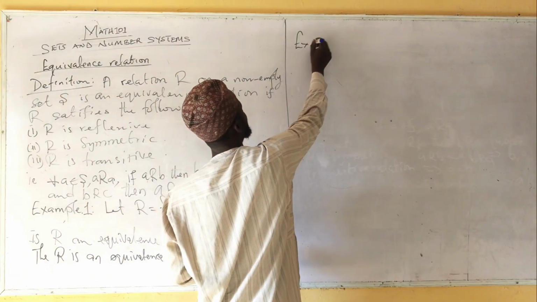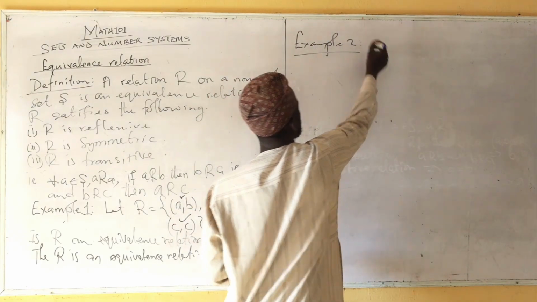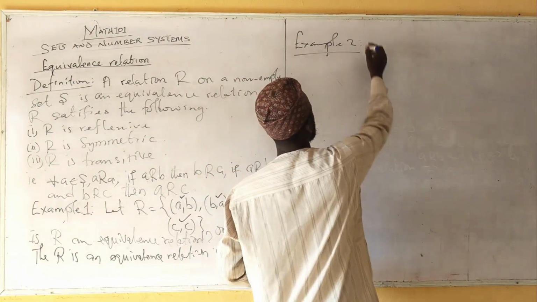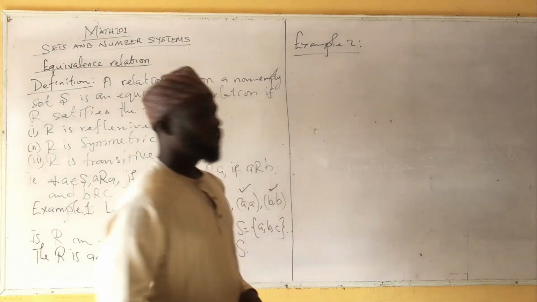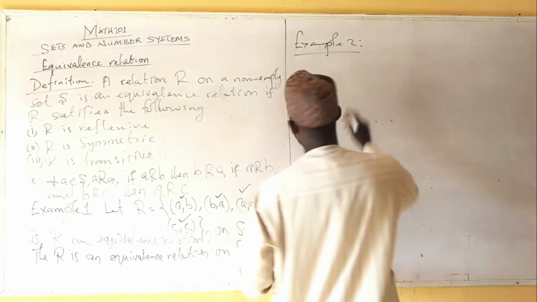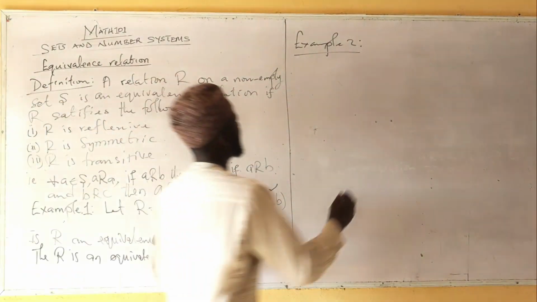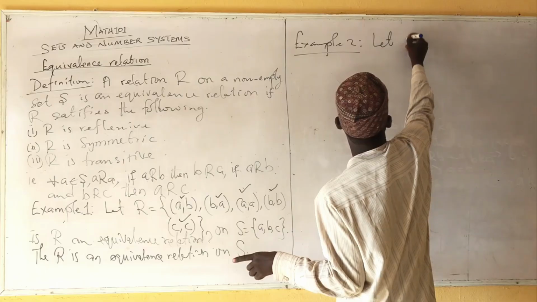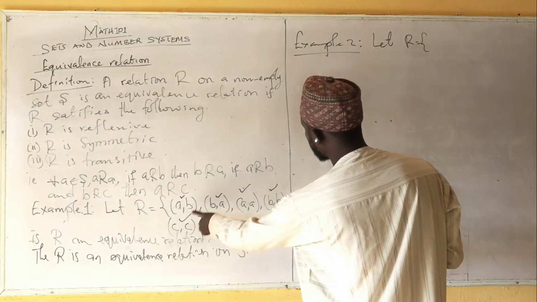So example 2. In this example, we are going to use example 1 to give another relation. So let R be equal to, so we took a sub relation of this.